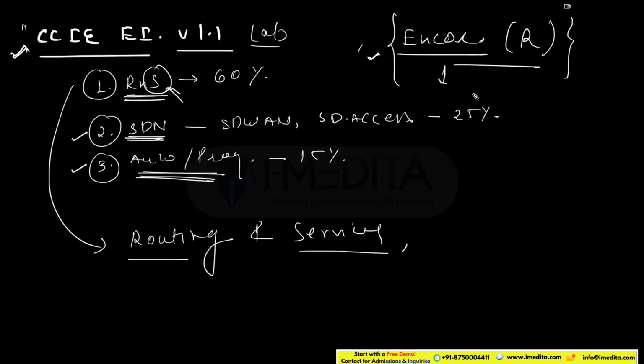NCORE is more like the written exam for the lab exam. You have to pass NCORE, then you can book the lab exam. The NCORE exam contains routing, switching, software-defined networking, automation, programming, and also some security topics. But we are going to focus specifically on the routing section at the moment, in the rest of the topics.